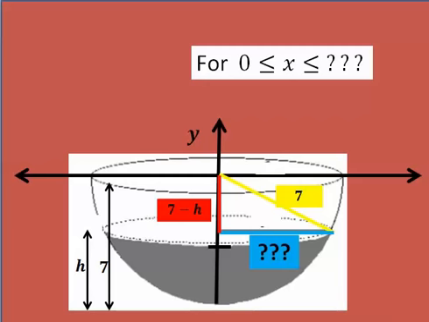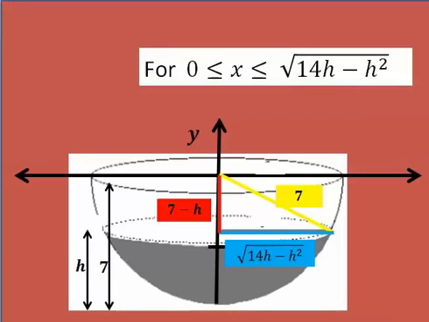It'll go to the curve. So what is the length of this blue line? The length of the blue line gives us the upper bound of x. And that involves the Pythagorean theorem. You're going to have to use a little bit of algebra there as well. And I get this for the length of my blue line, and that gives me my upper bound.